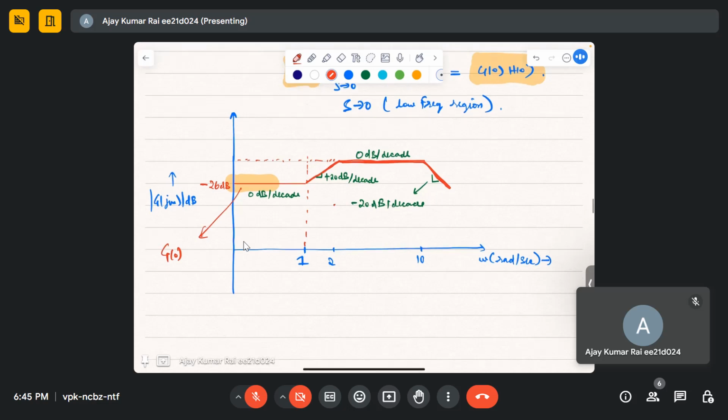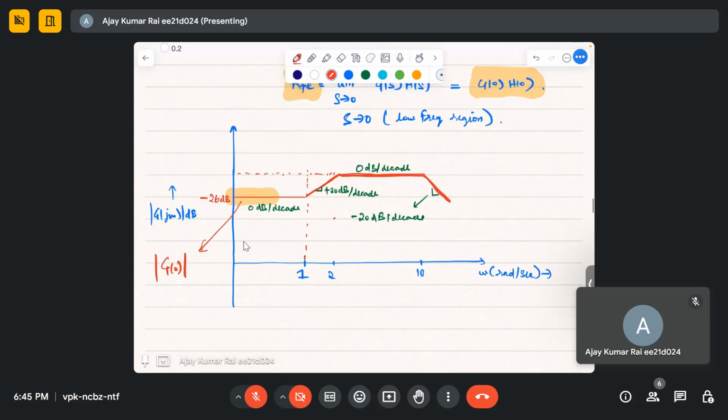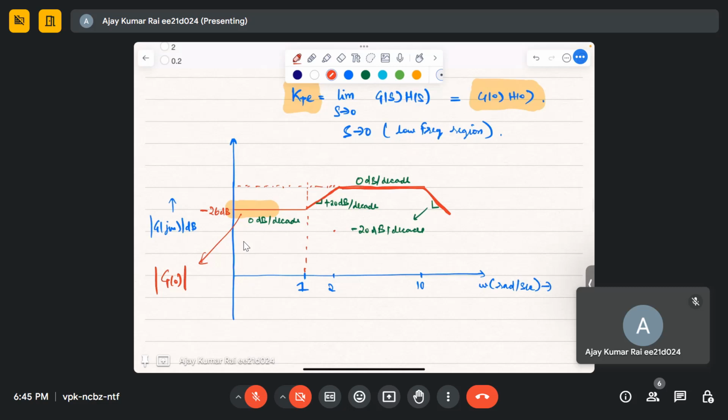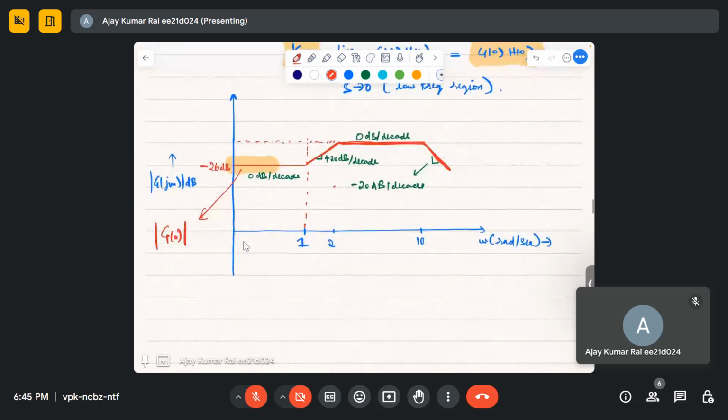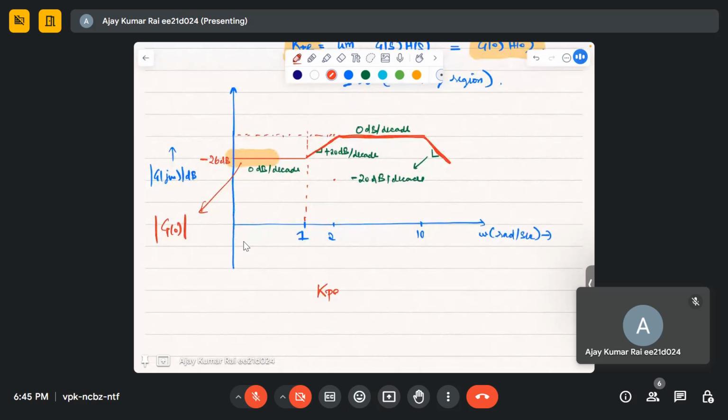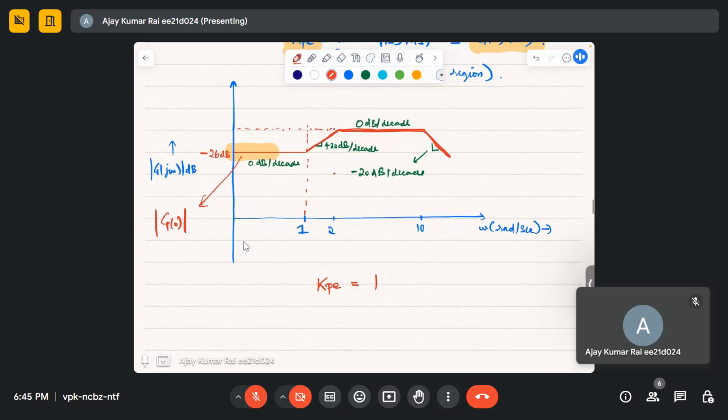So this is also true, right, by looking at the Bode plot. So can we not say Kp is the same thing? This you have to find out.